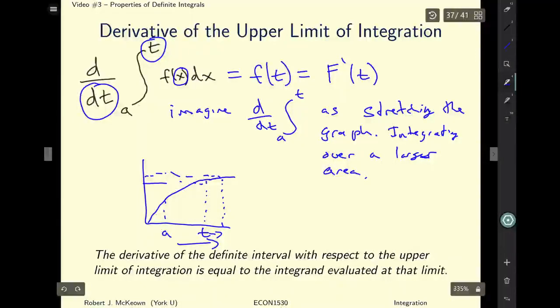You could imagine the opposite. If you made the change in t negative, you could be making it shorter, but what you're doing is you're kind of changing how big that x-axis distance is. And so it makes sense if you've got a function like the one I've drawn, if t is getting larger, then the area is going to get bigger. And if that t upper bound is getting smaller, and the distance is getting shorter, you'd expect the area to get smaller.